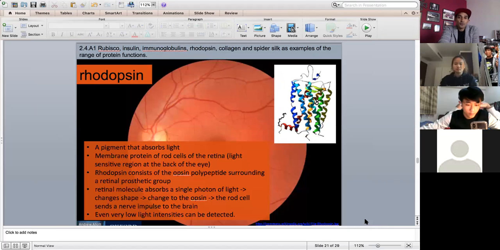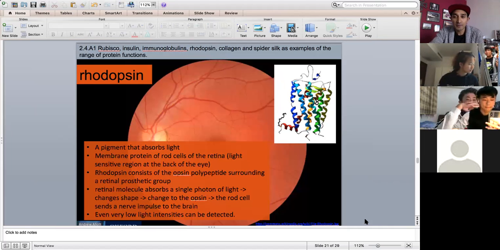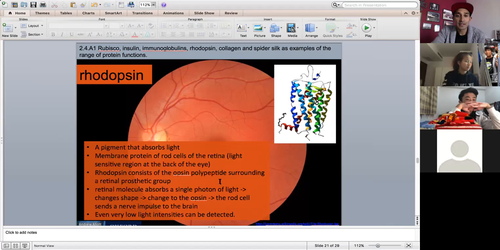Rhodopsin, this is one new one. Rhodopsin is a pigment protein, kind of like chlorophyll is a pigment protein. This is a pigment protein in your eye, and it helps with the absorption of light. Is it like the cones and rods?